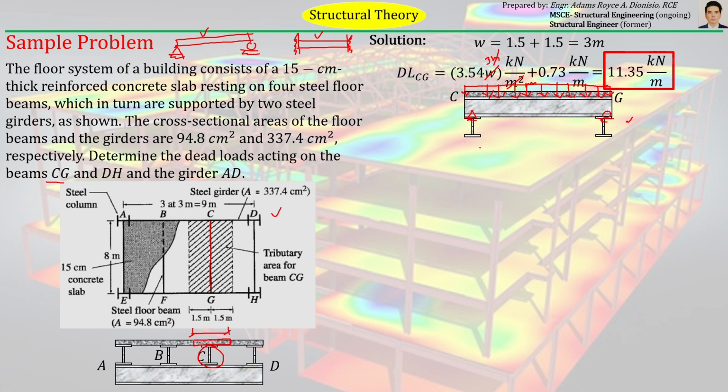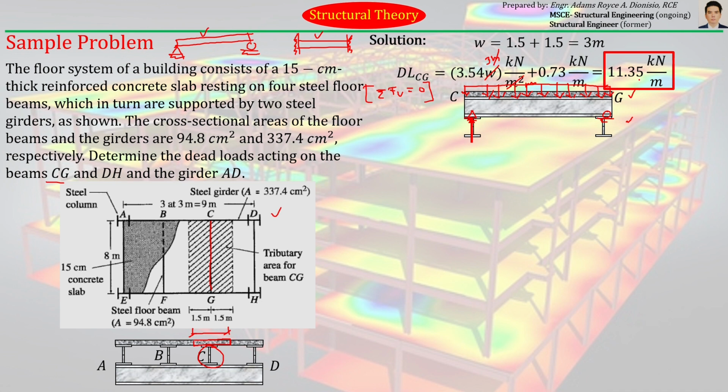So paano makuha yung reaction dyan? I suppose marunong na kayo kumuha ng reaction. Pero kung di pa, just get my attention and I will compute the reaction manually. But for now, since structural theory na kayo, I suppose medyo marunong na kumuha ng reaction. So gagamitan mo lang to ng summation of forces vertical equal to 0. Okay, so sum up lang natin yung mga vertical forces dyan. Meron kang dalawang vertical force dito na naghahati sa total force coming from this uniformly distributed load.